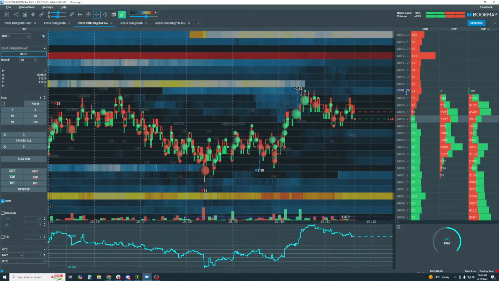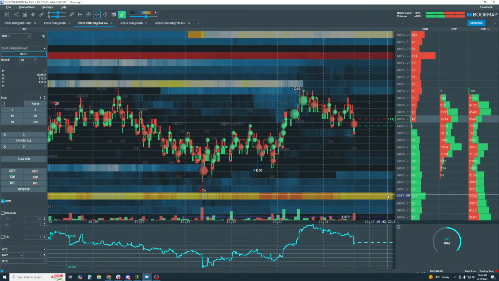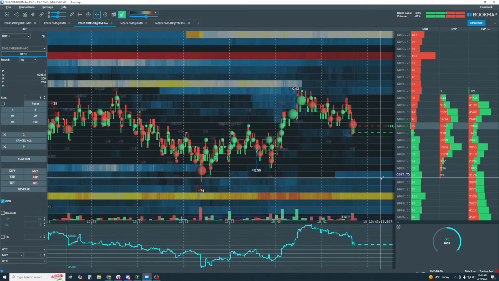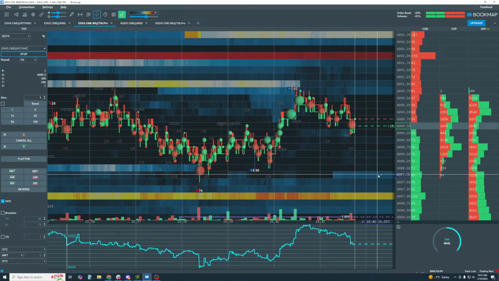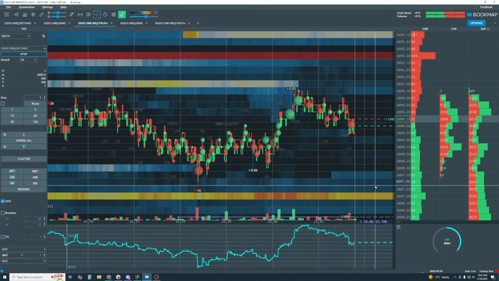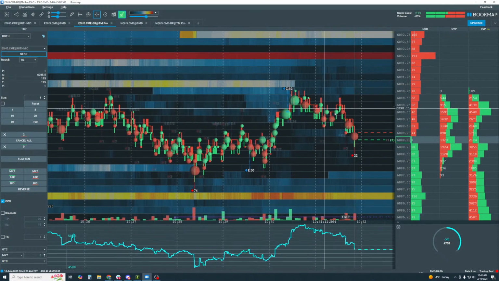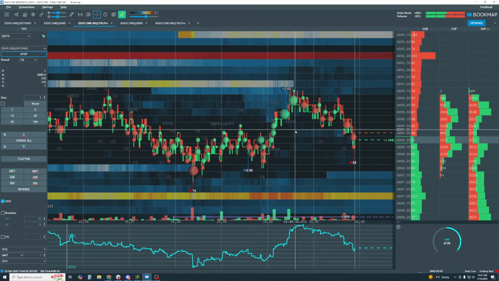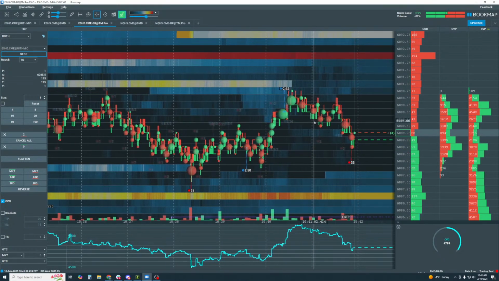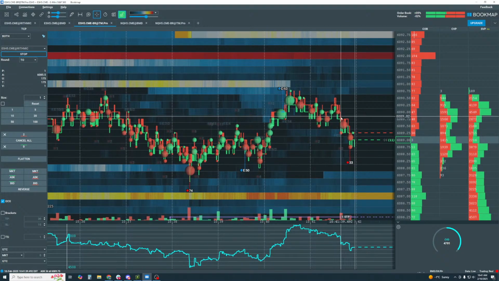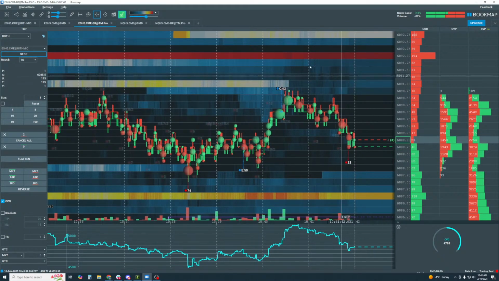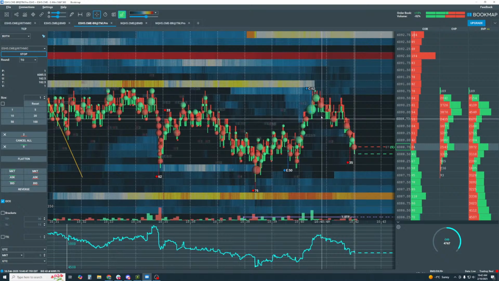This is about as forward-looking as you're ever going to get, in my opinion, by understanding the order book and order book imbalances. Anyway, I'll show a few different things in Bookmap that we can look at for order book imbalance, but that's one really good way of looking at it.